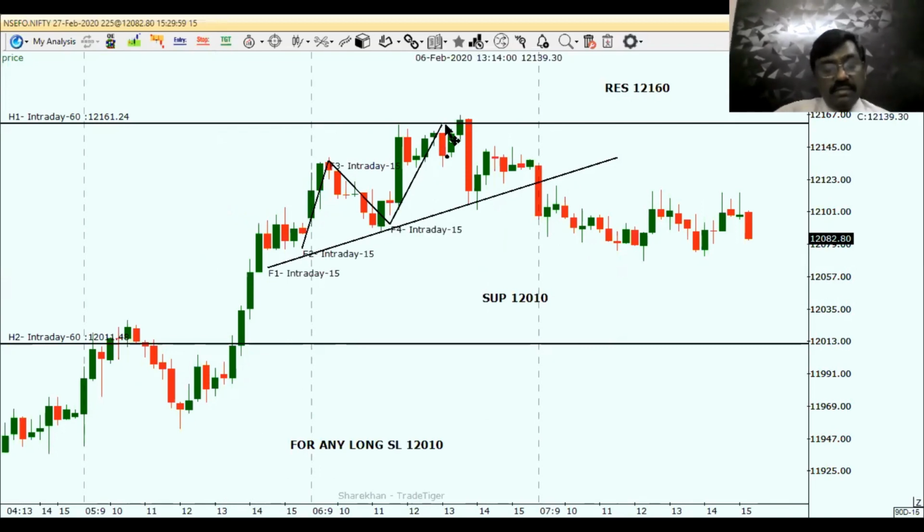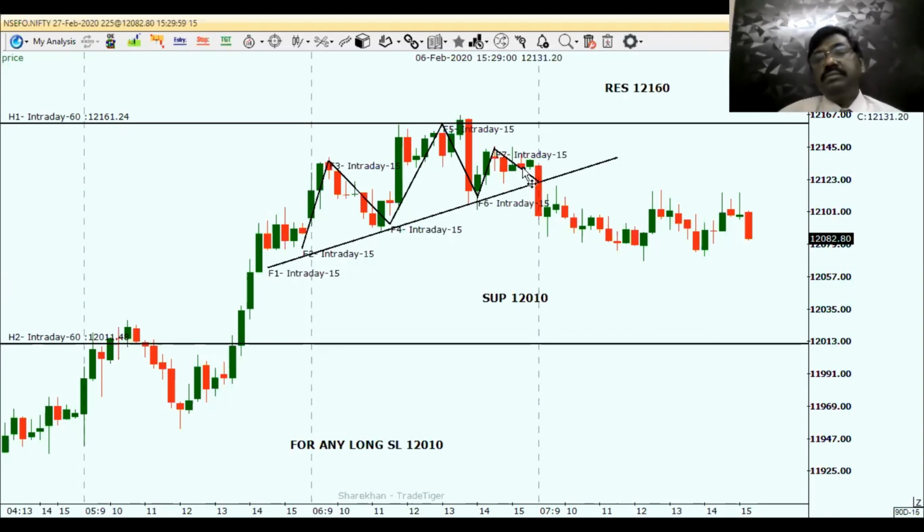This pattern is telling us the fall was likely to happen today. This is a kind of head and shoulder pattern. For this pattern, this is the neckline.